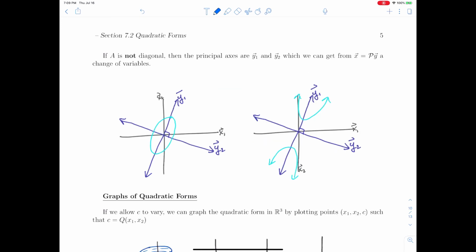On the other hand, if the given matrix is not a diagonal matrix, then the principal axes are y1 and y2 that we can get from the eigenbasis. In that case, we don't get the graph in the standard position, but as you see below, the graph will be tilted somehow, with the principal axes y1 and y2 over here, and y1 and y2 over here.